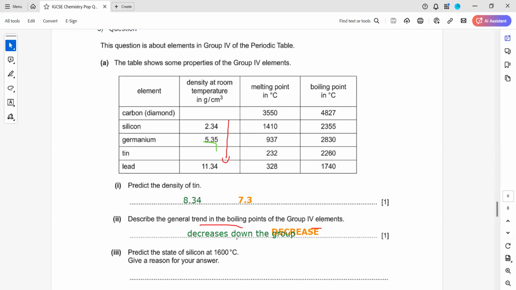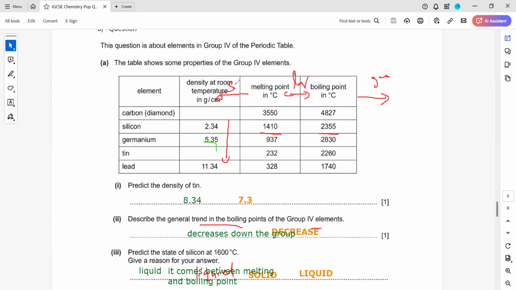Predict the state of silicon at 1600. The melting point of silicon is 14 and then the boiling point. So where will the 1600 be? Look, the state of a substance after the boiling point is a gas. Between the melting point and boiling point, it is liquid.